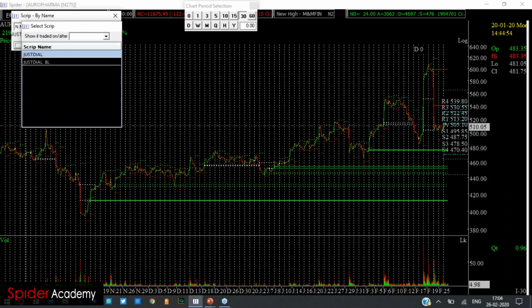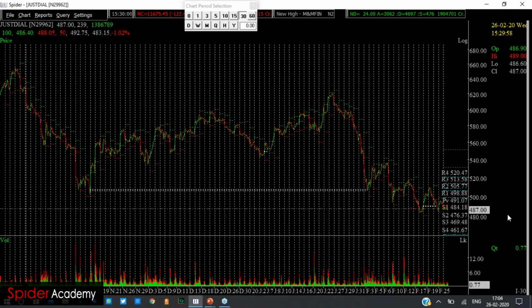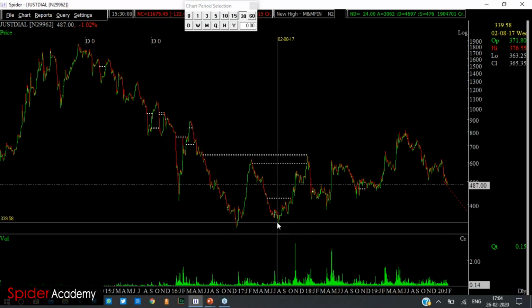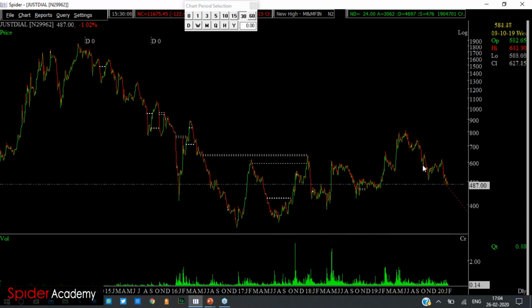We had Just Dial also. Now, if we see, Just Dial was in an uptrend over here. Not too much of an uptrend, but we can say the magnitude was low. It tried moving up, couldn't go much, and then again fell down, right?